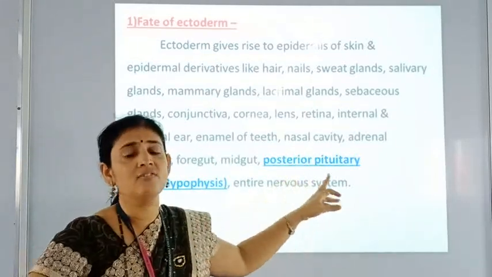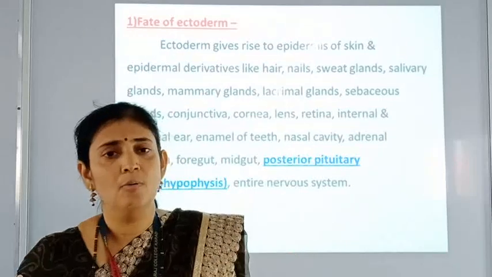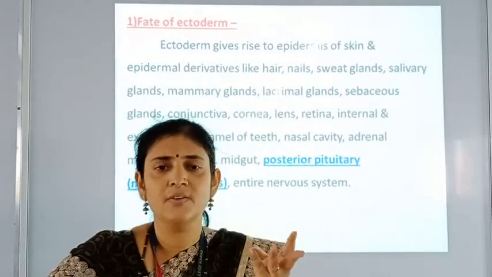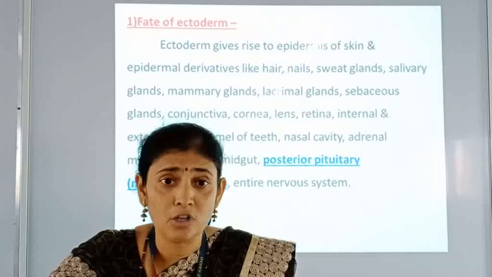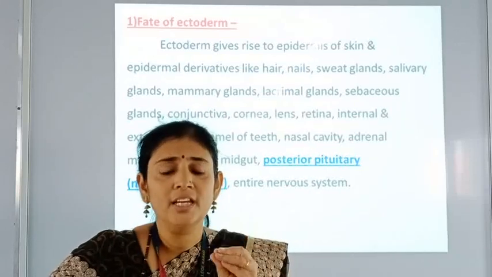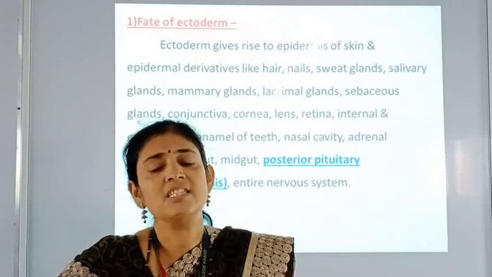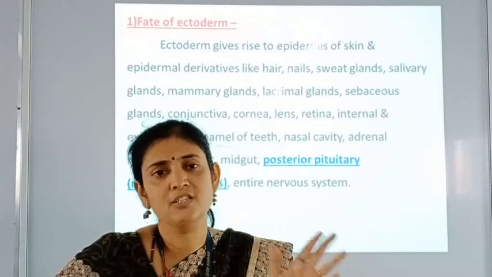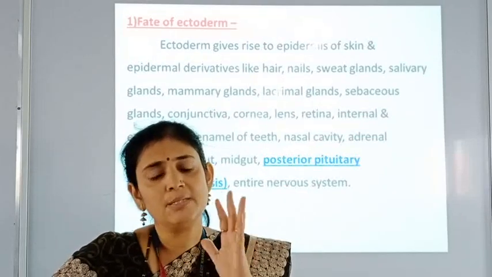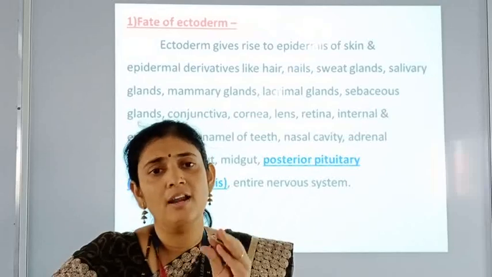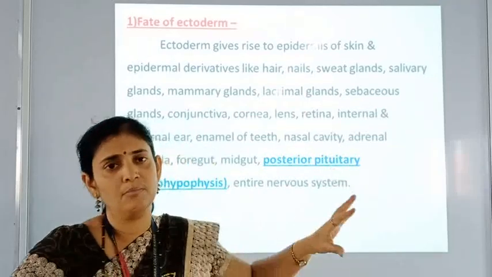And entire nervous system, that means the whole nervous system, that is central nervous system, peripheral nervous system, autonomous nervous system, all the neurons or the neuroglial cells, different types of neuroglial cells we have studied. So all these parts of nervous system are fully developed from this ectoderm.